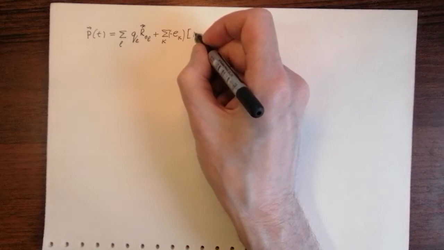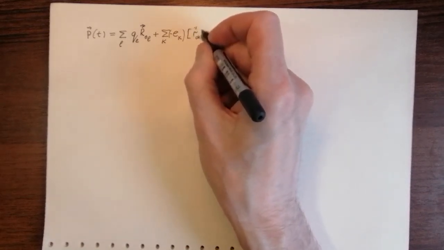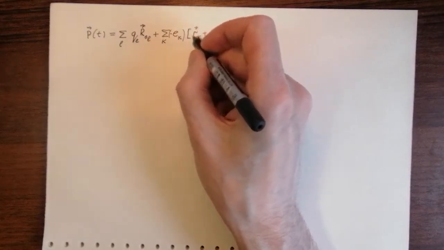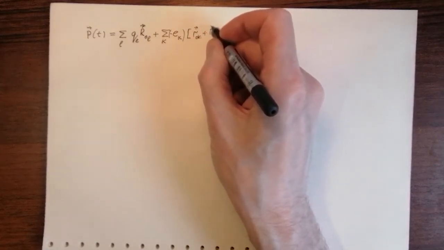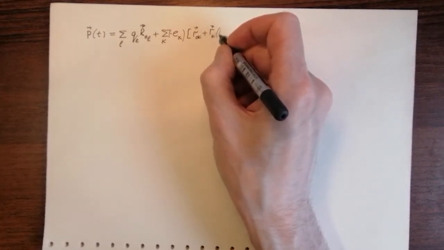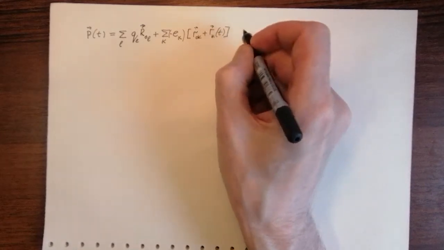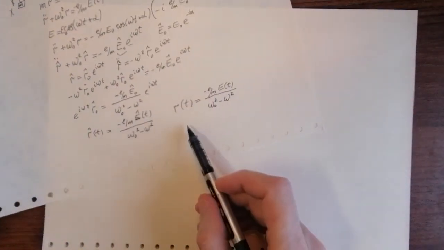The initial position is R0k, and the actual coordinate will be this initial position plus, for this specific electron, plus r_k of t, where r of t is here.